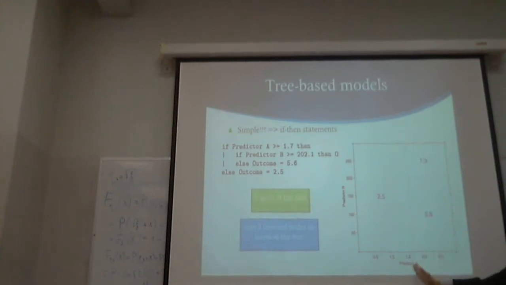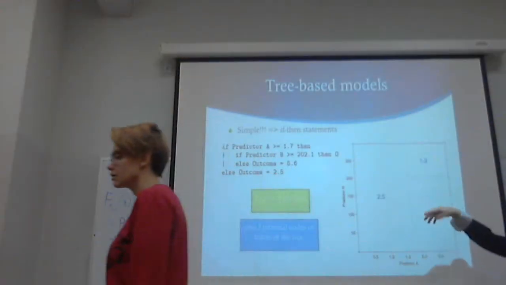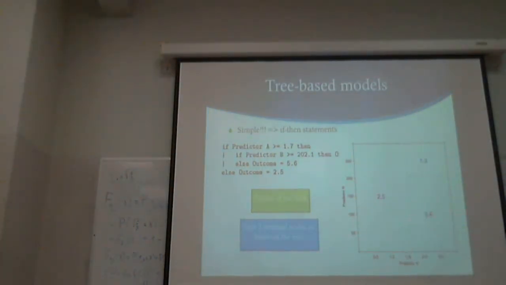If the value of, say, predictor A is less than 1.6, or 1.7, then the result is such. If the value is greater than the threshold, in our case 1.7, then the values are different. So then there is another division.